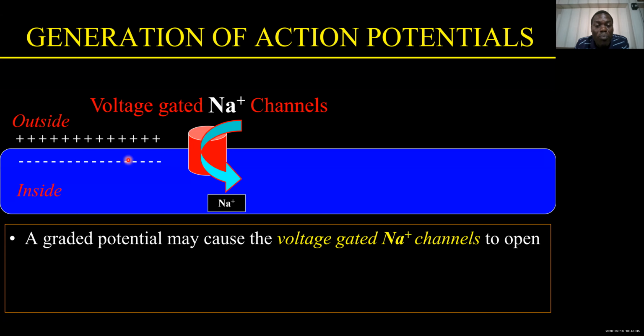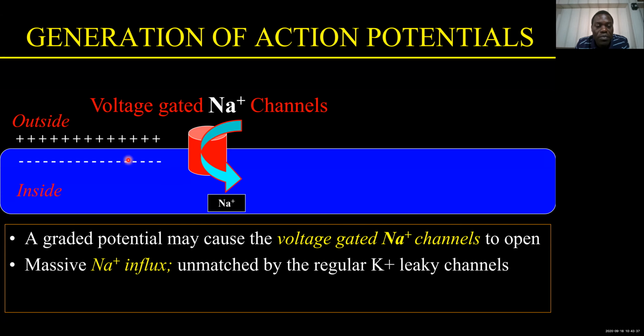You are going to have a massive sodium influx. If you open voltage-gated sodium channels, you're going to have massive sodium influx. This massive sodium influx is unmatched. It cannot be cancelled by the regular leaky channels of potassium.